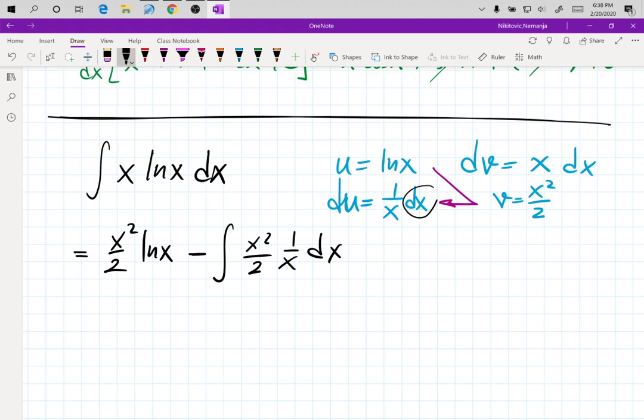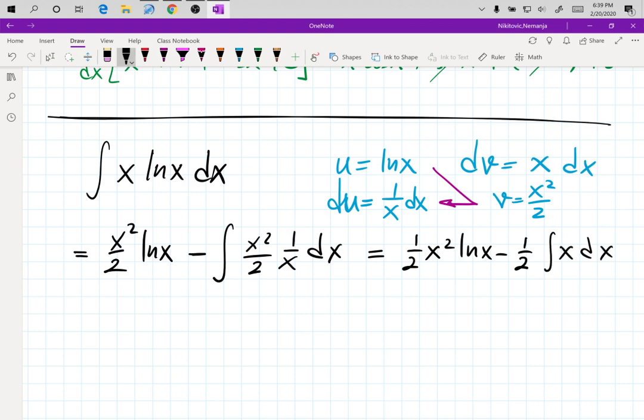You see, this dx is that one. And if you don't have it there, then you don't have an integral here. That dx is not for decoration, right? It's a part of the integral. Now we have 1/2 x squared ln x minus 1/2, and when x and x cancel, you just have x dx.